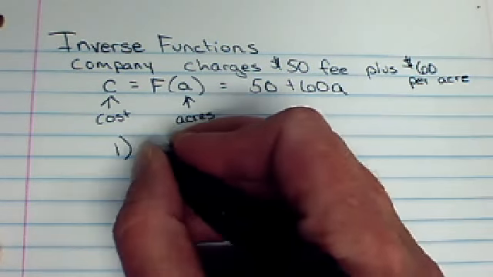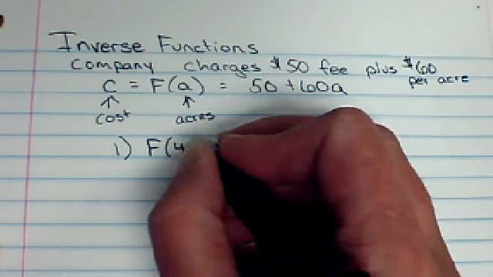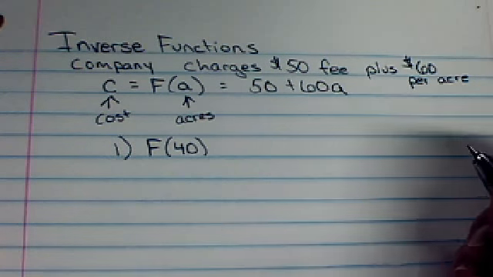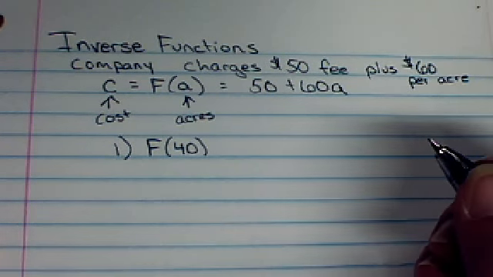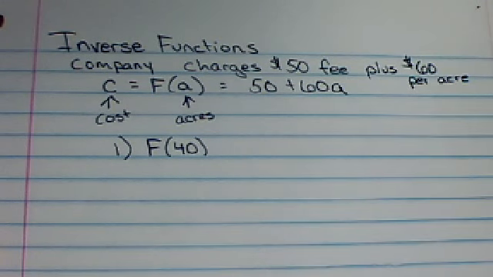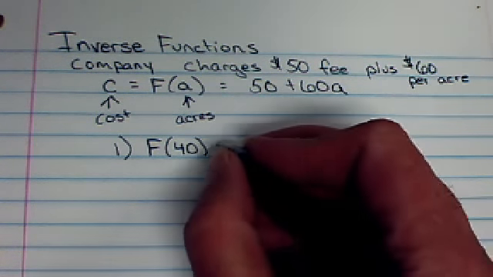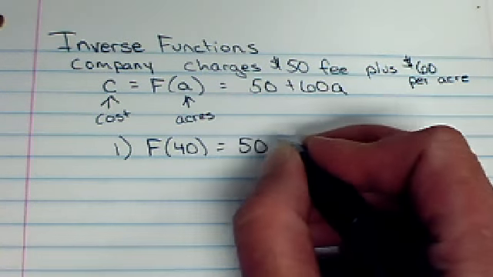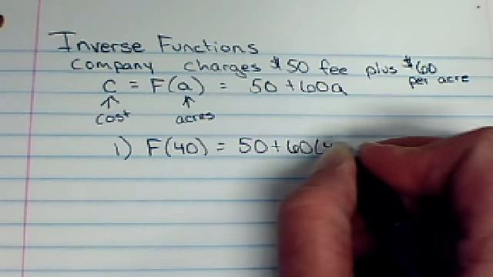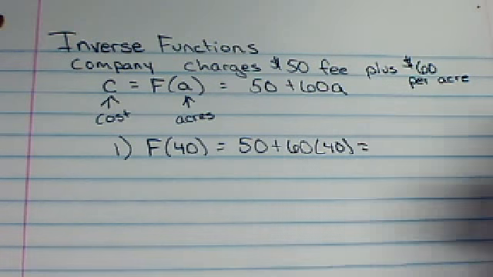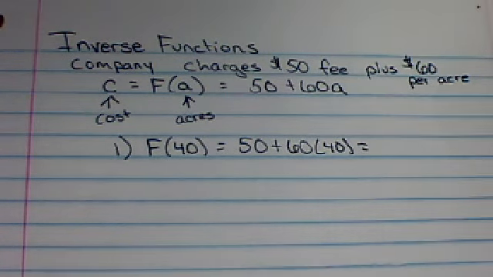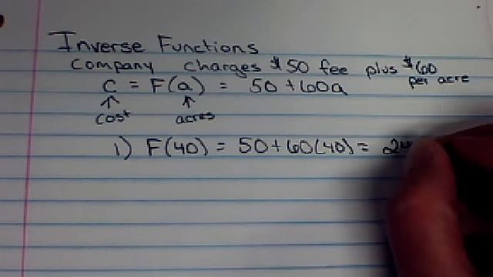What would it mean if we found f of 40? Well, that's pretty easy. What is f of 40? Well, that means I'm going to take 50 plus 60 times 40, and that's 2450.